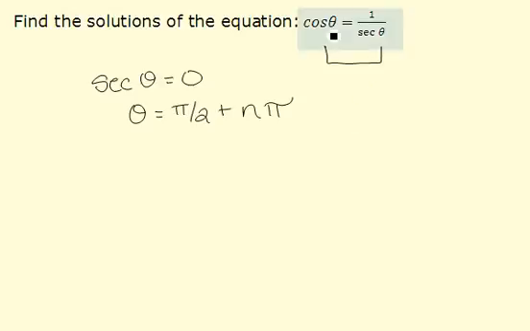We will know this because we can find the values where the cosine theta takes on a value of 0. And that happens at every odd multiple of pi over 2, which gets us to the equation again.